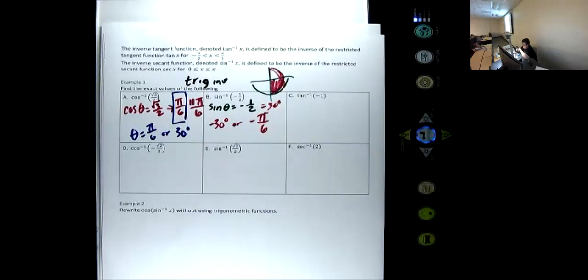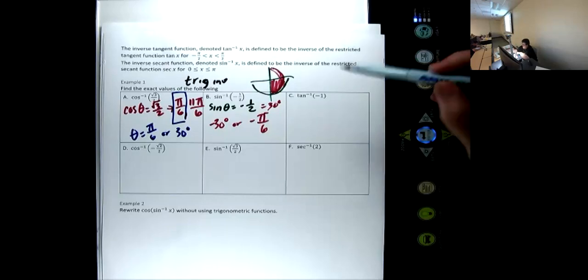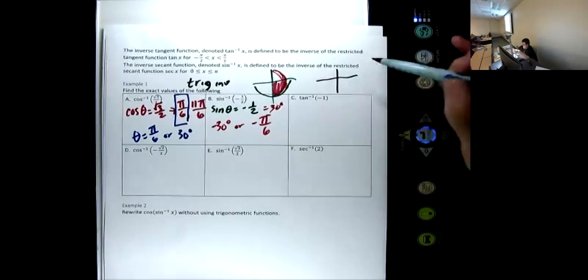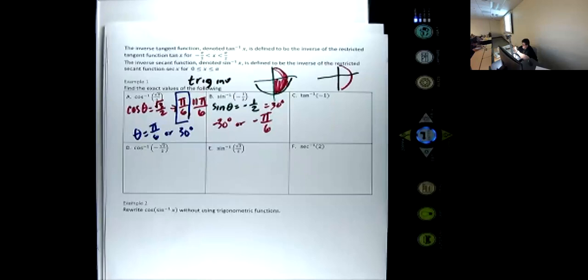Tangent theta has the same domain as sine theta for the inverses. So this also has the same thing. Our answers are restricted to these two quadrants. Tangent is sine over cosine. So one of them has to be negative. X is negative, Y is positive, or X is positive and Y is negative.